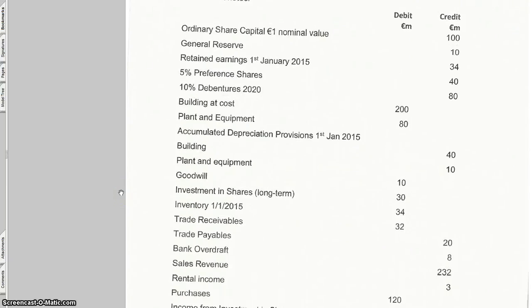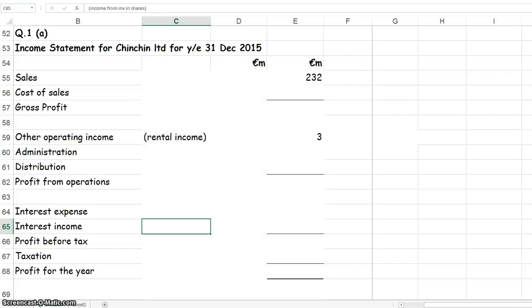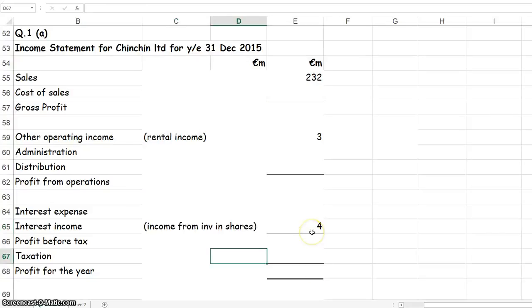There's investment in shares, but that's the asset, a financial asset, and we don't want that. What we're looking for is income, so you need the word income in it. Here it says income from investment in shares is 4, and that is what we're looking for, and that gets added in.